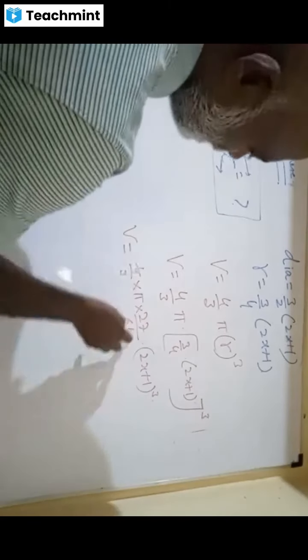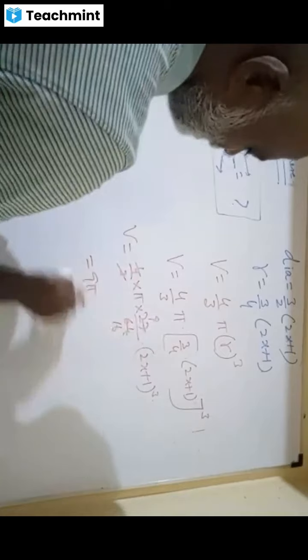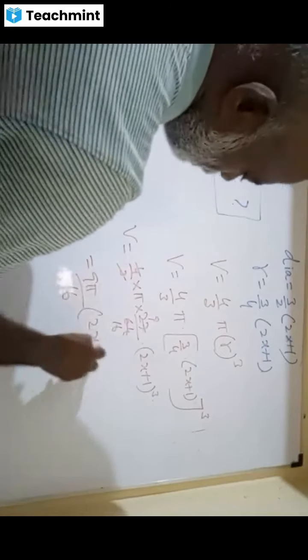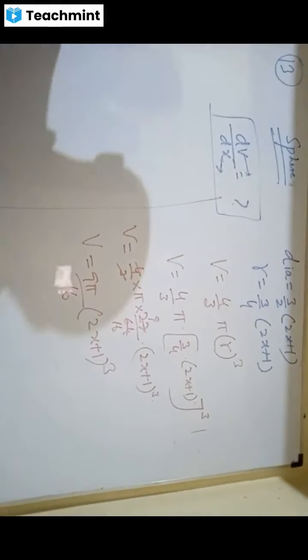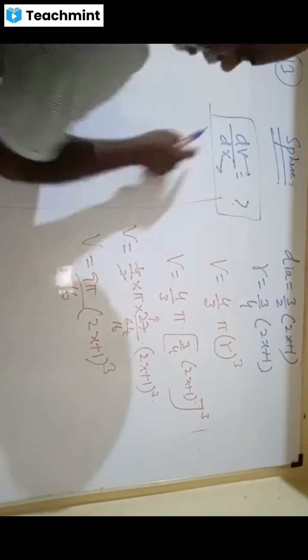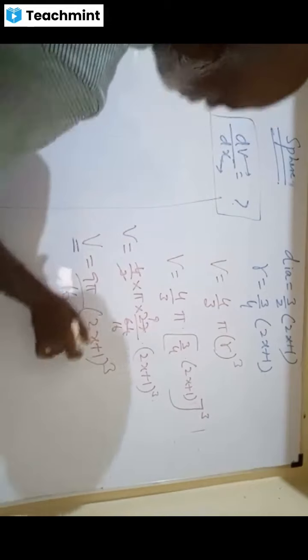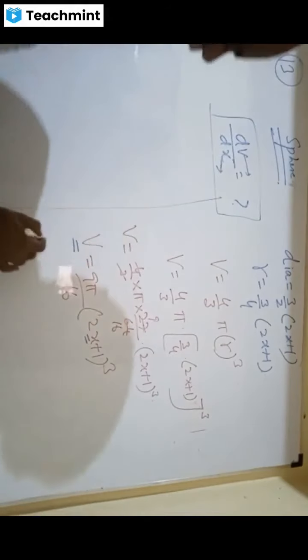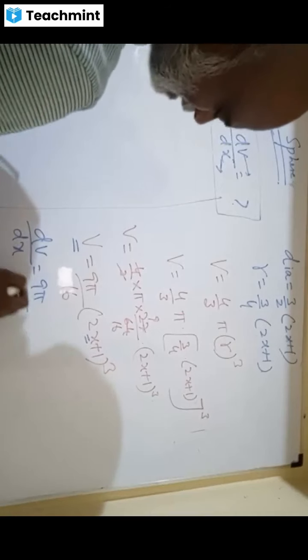So you cut this is 16, you cut this is 9, that is called 9 pi by 16 into 2x plus 1 whole cube. Agree? Yes, sir. Now, dv by dx, only variable is x here. Therefore, volume and x, that's it. So differentiate now, please. dv by dx, 9 pi by 16 is a constant.